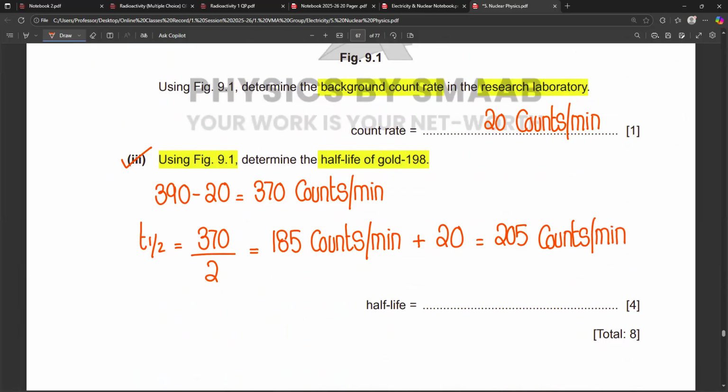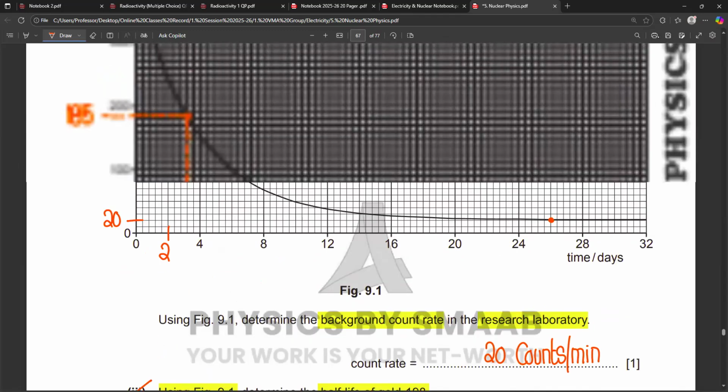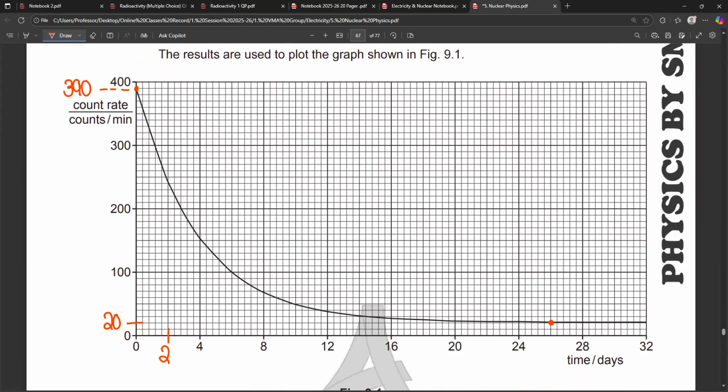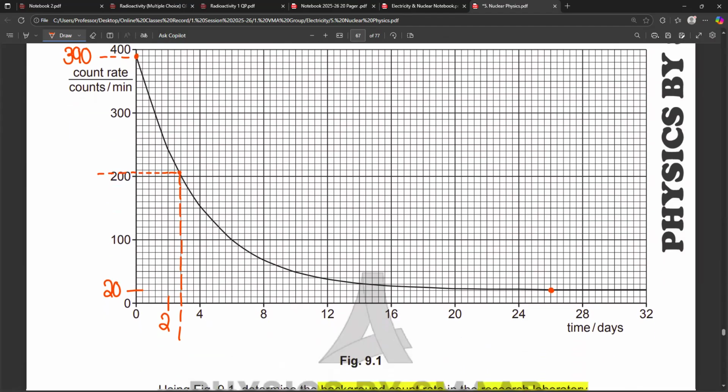Okay. So now we have to identify 205. So this is 200, 205. So this is the value.